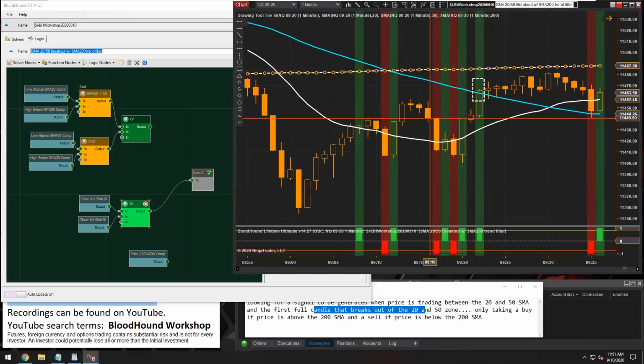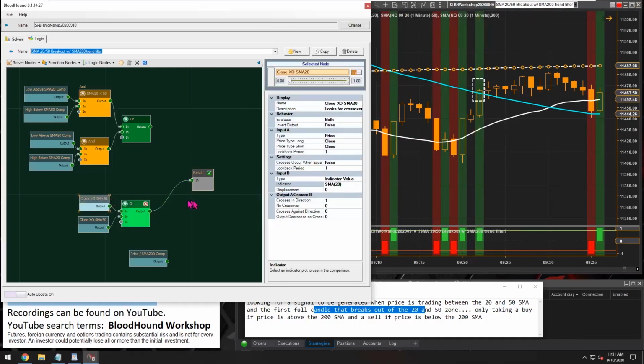So when price crosses above, it should be generating a short signal. So when price crosses above, we also need a short output, not just a long output. So actually, I need to go in here and adjust these crossover solvers.